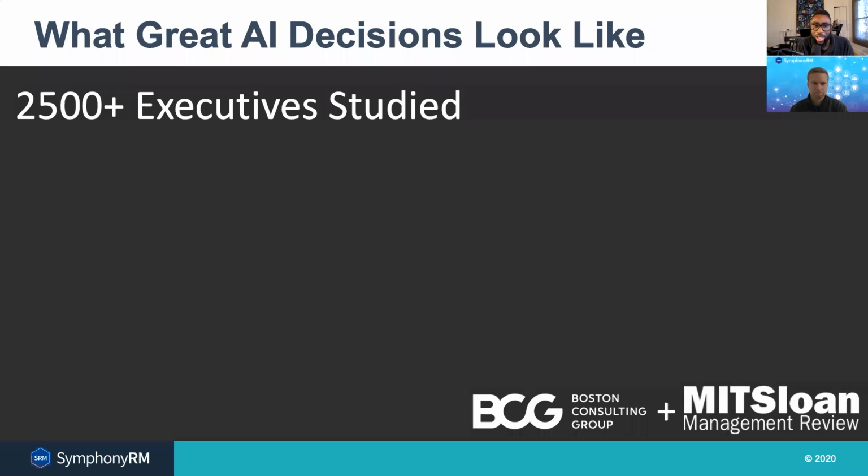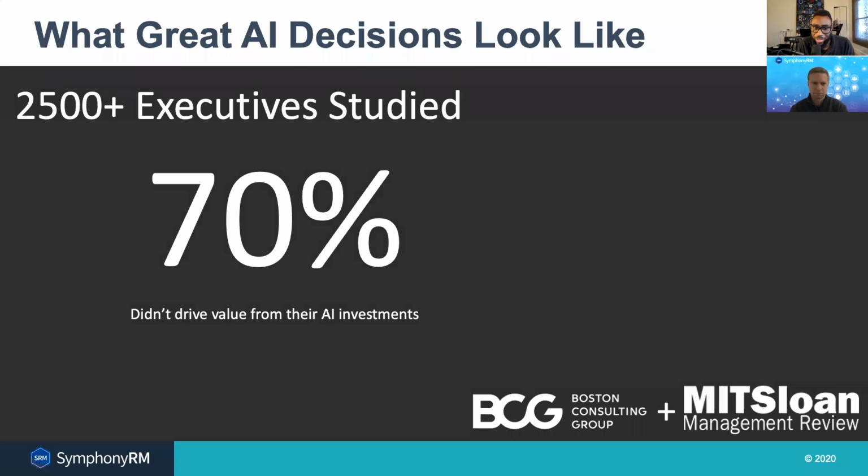So to help understand who was successful at making those decisions and who was not, and tease out various characteristics of those crowds, MIT Sloan and Boston Consulting Group got together last year and put together a study on 2,500 different executives and their relationship with AI. Well, the most important thing about what those executives did was whether or not it was successful.